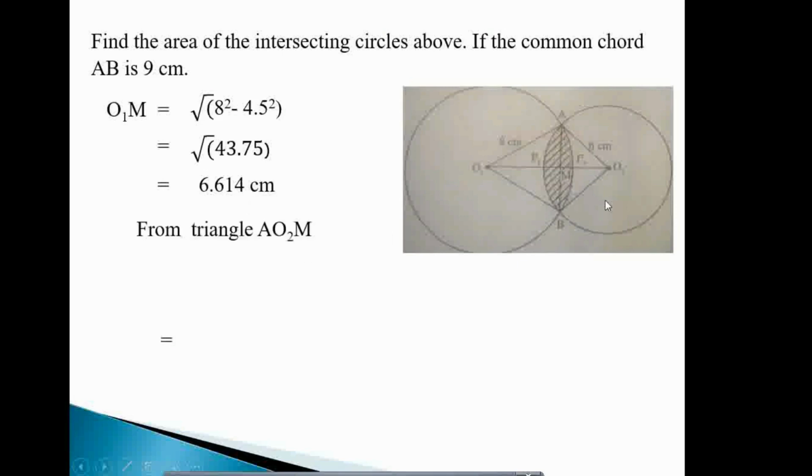Then from triangle O2M, this triangle, I also have 6 and 4.5, so I can get O2M. That is O2M, not O1M, which will be 6 squared minus 4.5 squared.